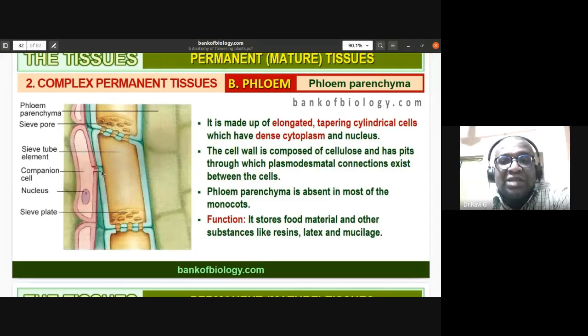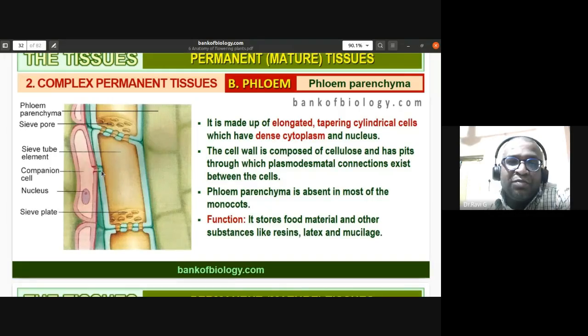The cell wall is composed of cellulose and it has pits through which plasmodesmatal connections exist between the cells. So there are plasmodesmatal connections existing between the phloem parenchyma cells. Phloem parenchyma is absent in most of the monocots. This point you have to remember. In most of the monocotyledonous plants, phloem parenchyma is absent. Okay, most of them. That means a few of them have phloem parenchyma.